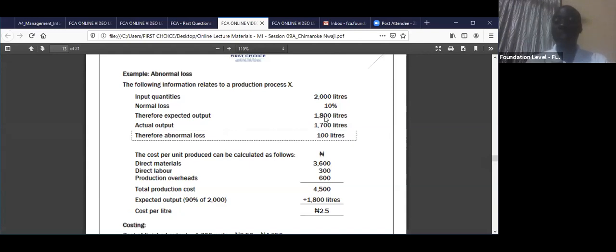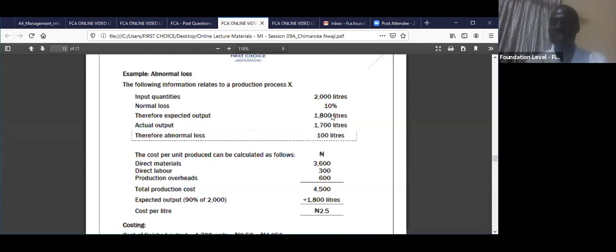Yes, of course, we've expected 200 liters normal loss, but we still expect a further loss of 100, which is abnormal. Now, the whole total cost is still 4,500.